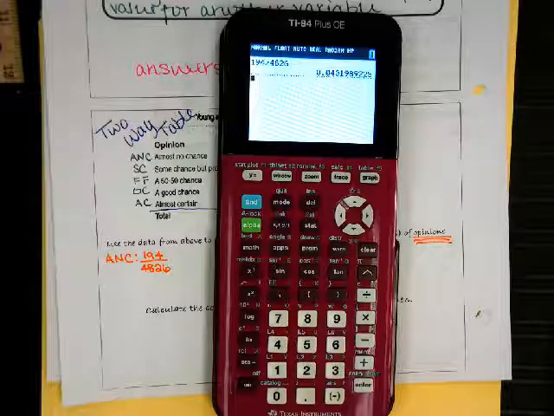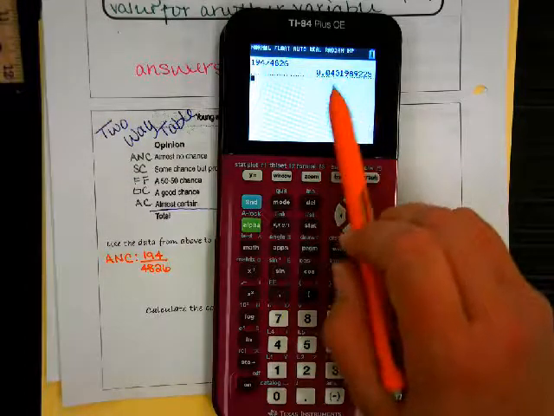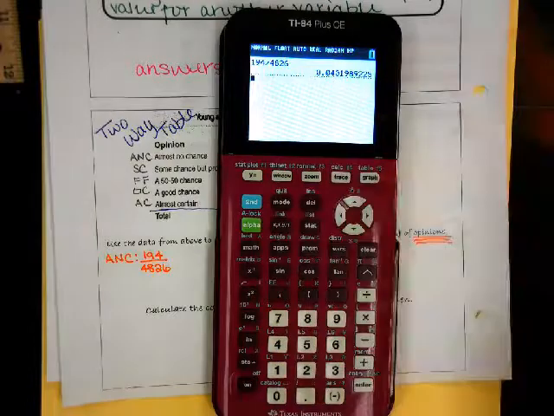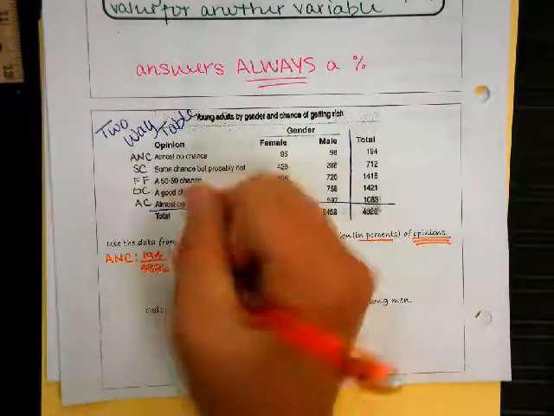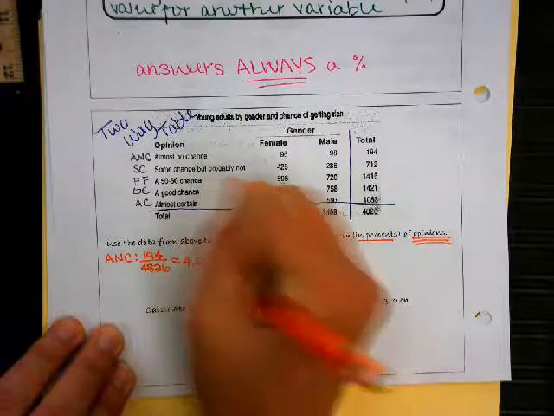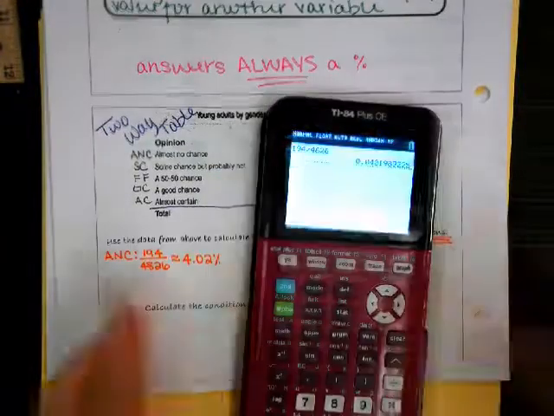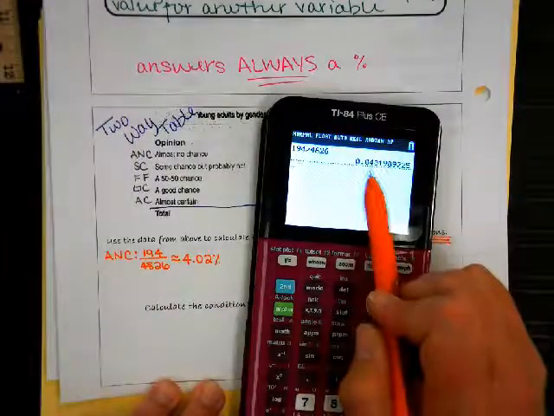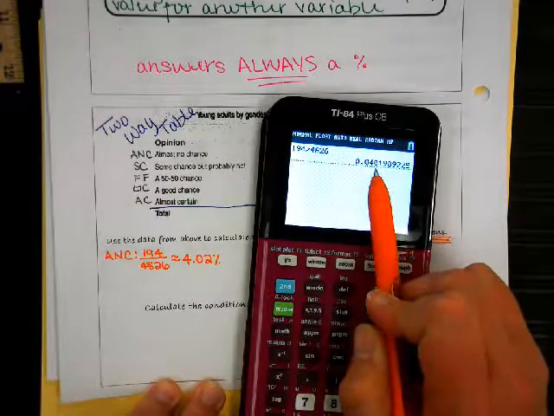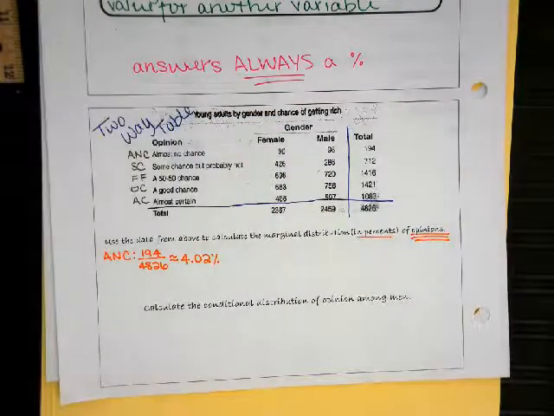So you can multiply by 100, or remember you can move your decimal 2 to the right. So we get approximately 4.02 if I round, because if I move that 2 to the right, it'd be between the 4 and the 0, and the 9 rounds the 1 to a 2. Questions?